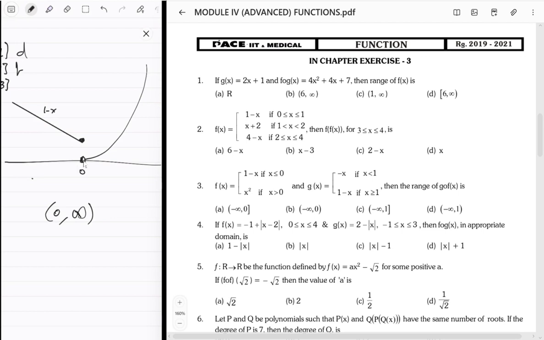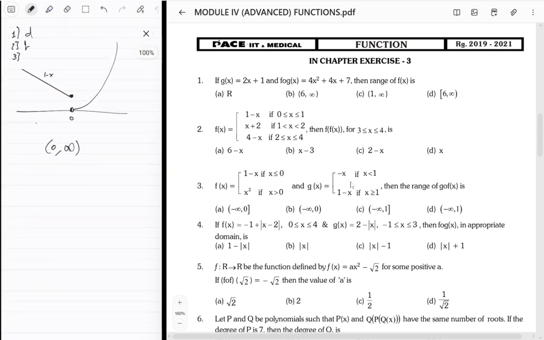Okay, so you just figure out the range of g of f. So basically the range of g in the positive values. Just graph this out first of all. You got 0 and then 1. It's negative x if x is less than 1.